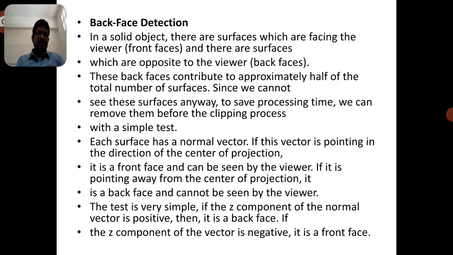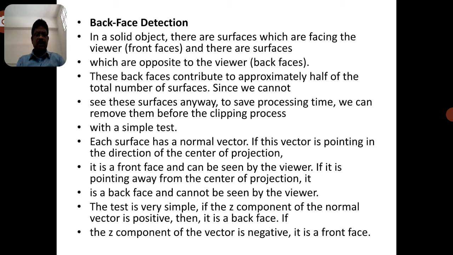Because every surface has a normal vector, we can find the normal vector of that particular surface. If this vector is pointing in the direction of the center of projection, it is a front face and can be seen by the viewer.